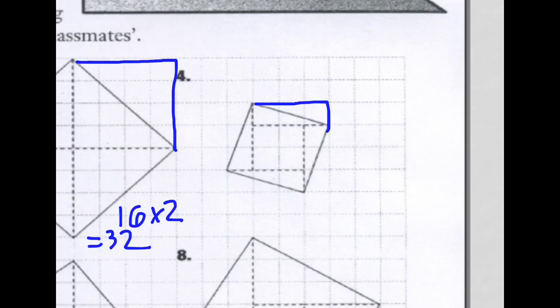And what I've done now is I've got 2 of the right triangles from this diagram come together to make a rectangle. And so I'm going to count 1, 2, 3 full squares. So 2 of these triangles make 3.